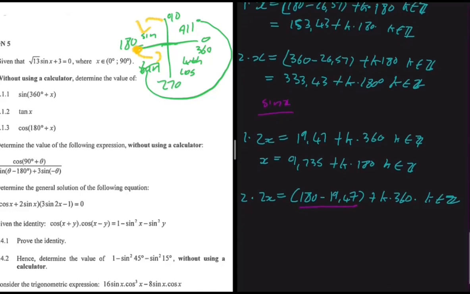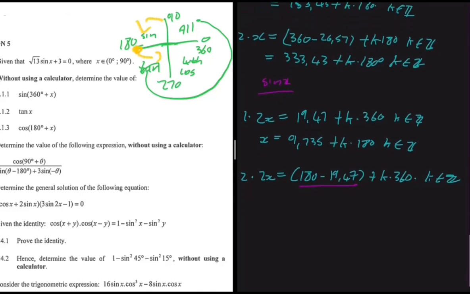So x is equal to 180 minus 19.47 divided by 2, which gives me 80.265, plus k times 360 divided by 2, that's 180. And k is an element of integers.